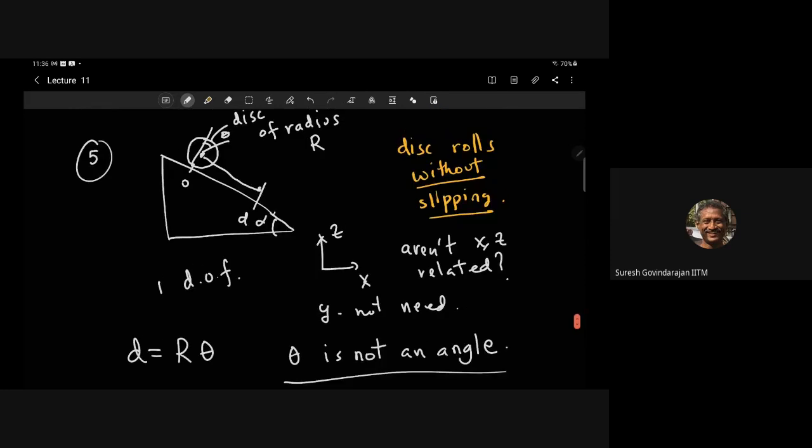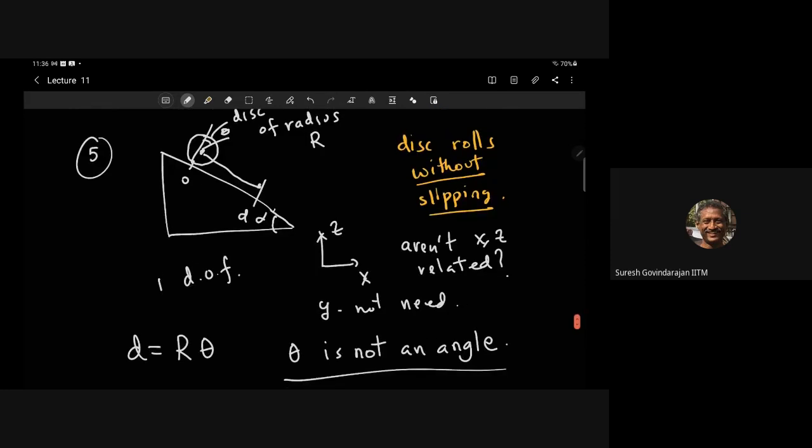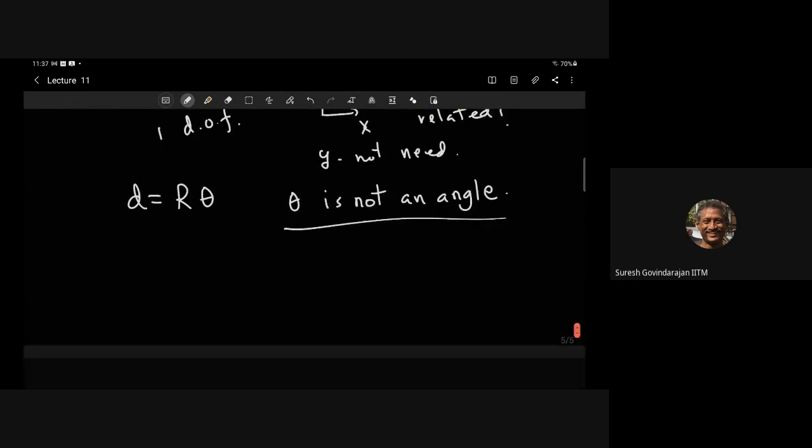Is this clear, what we are doing here? So this is without slipping, so just 1 degree of freedom. Now we go on to the next one, same as 5, but the disk rolls with slipping.